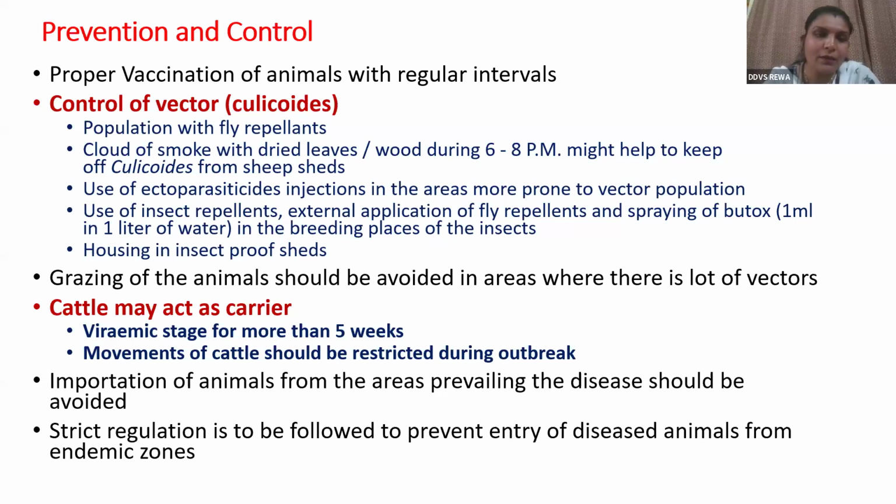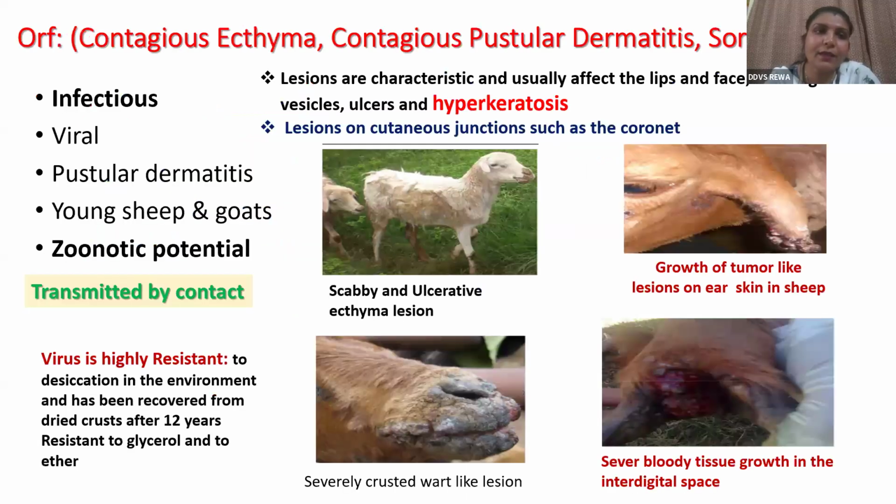So in an outbreak situation, the movement of cattle should also be restricted. Other than this, we can avoid importation of animals from areas where the disease is more prevalent, and we should follow strict rules and regulations.